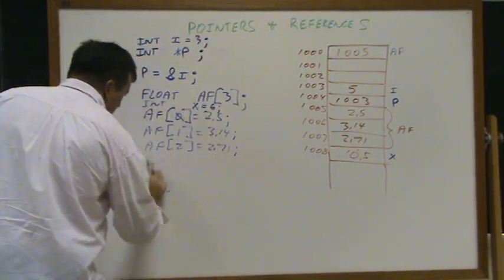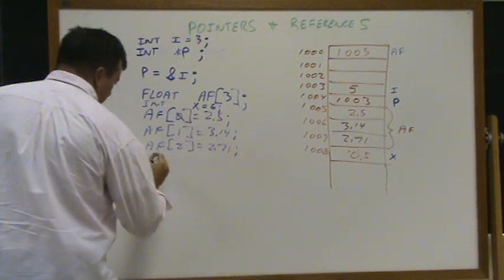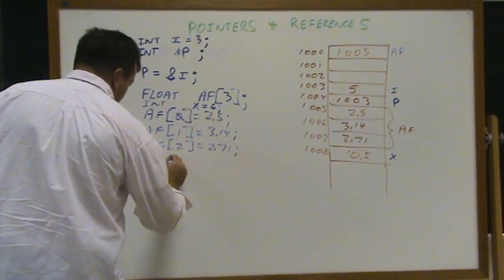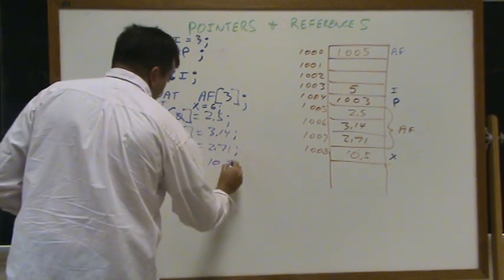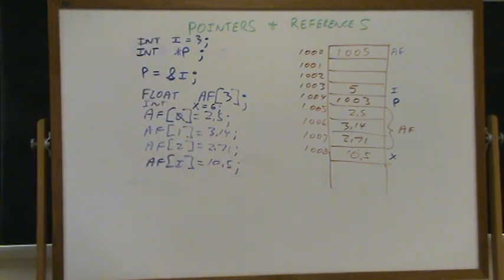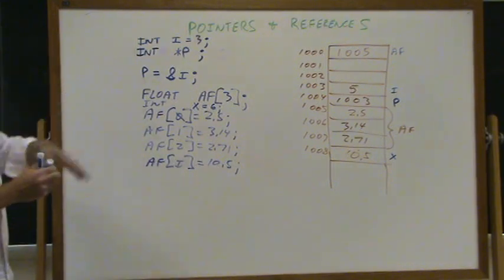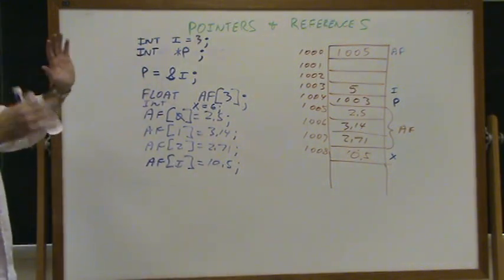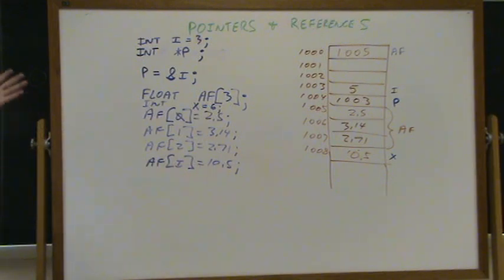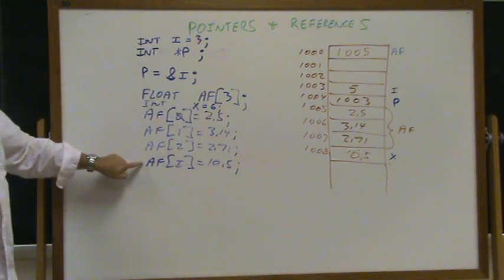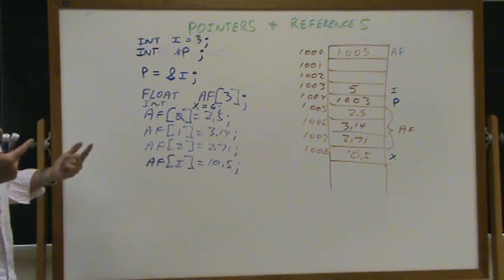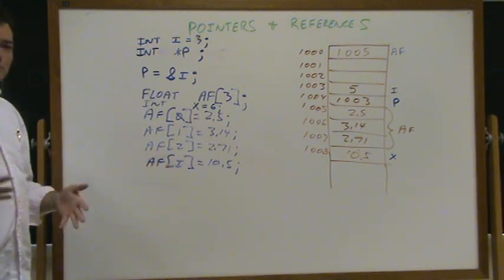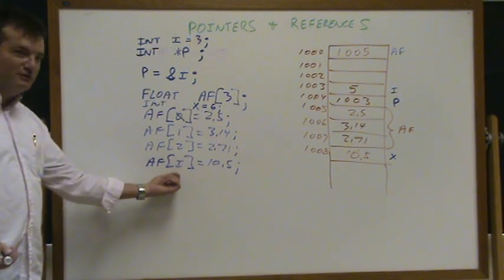And then I could have said A[I] equals 10.5. I happens to be equal to 3 at the time, but maybe along the code here I changed, it got multiplied by 2 and divided by, who knows what happened to it, and it somehow ended up 3. The compiler at compile time can't track what I is going to be, so it's going to let it compile. It assumes you know what you're doing, and I is some legitimate value.